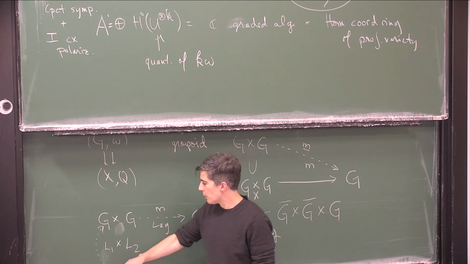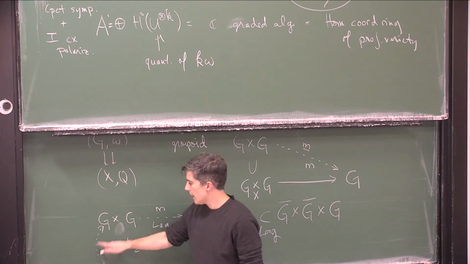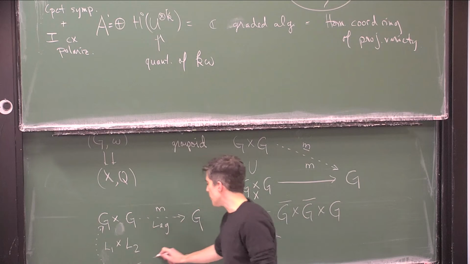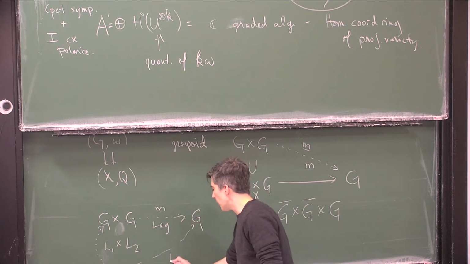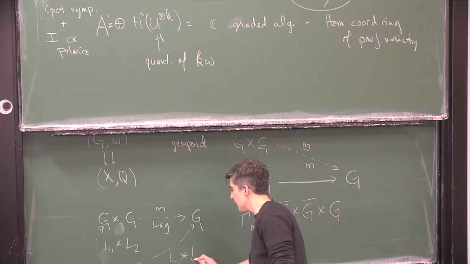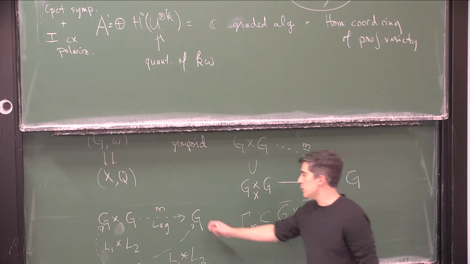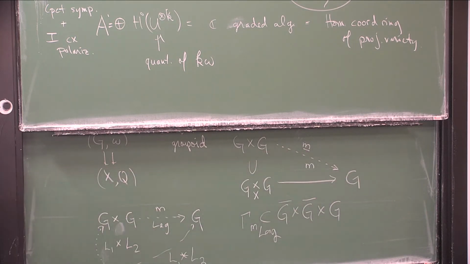Okay? And then you could take this relation, which is Lagrangian, and compose it with this Lagrangian relation, and you would get another Lagrangian relation. And this would be called the convolution of the two Lagrangians in G, and we get a new Lagrangian in G. Okay? And so that's what we do.